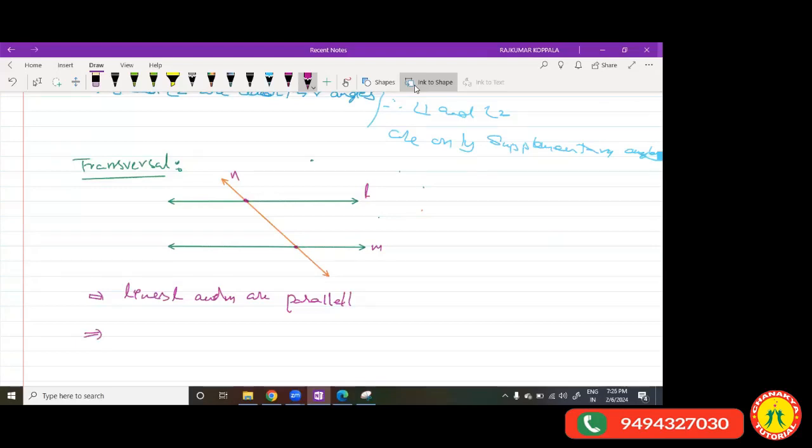The line N is cutting L and M at two different points.